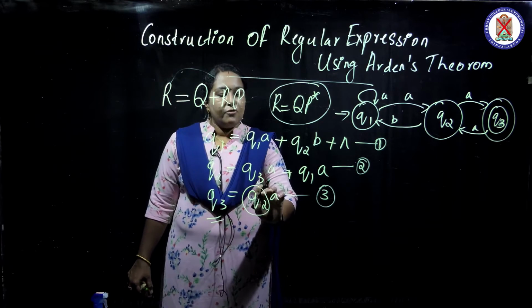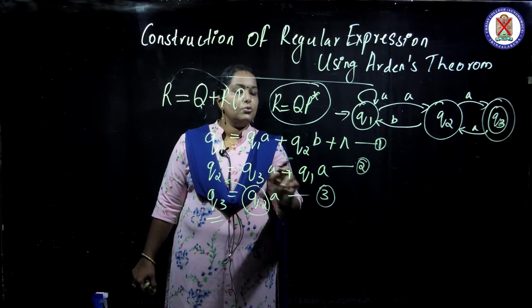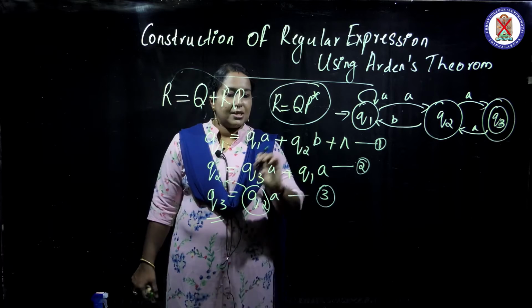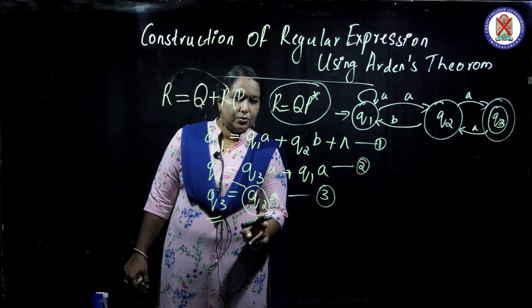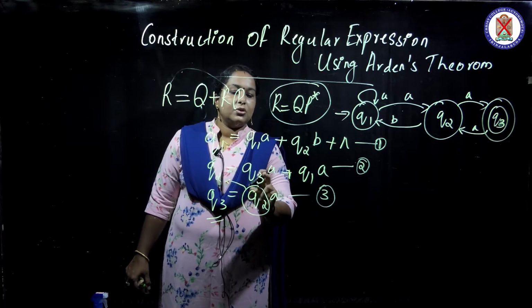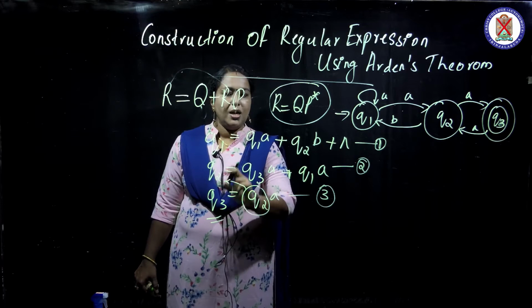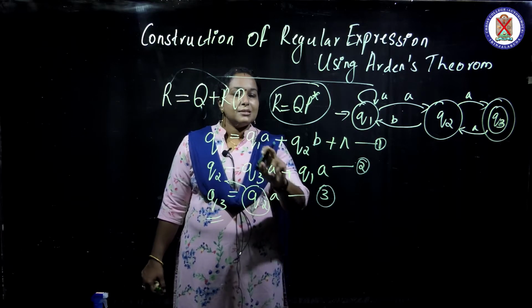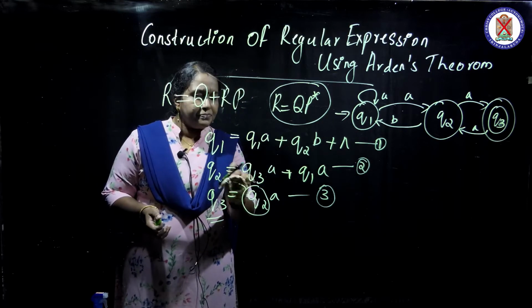In Q2 there are two non-terminal symbols, Q3 and Q1, and in Q1 there are two non-terminal symbols, Q1 and Q2. So how will you solve it?